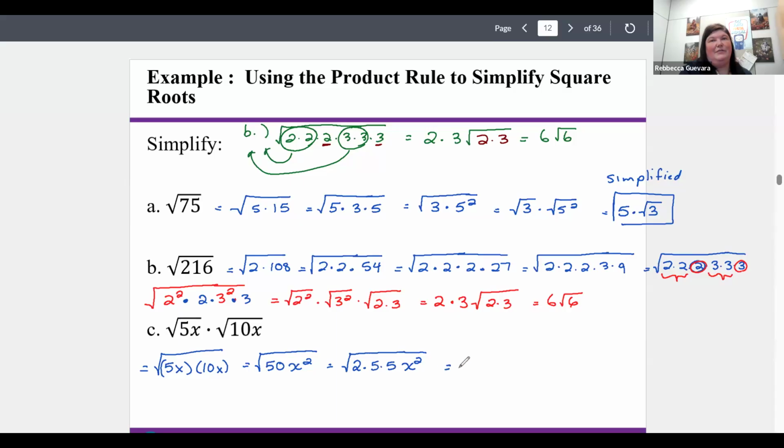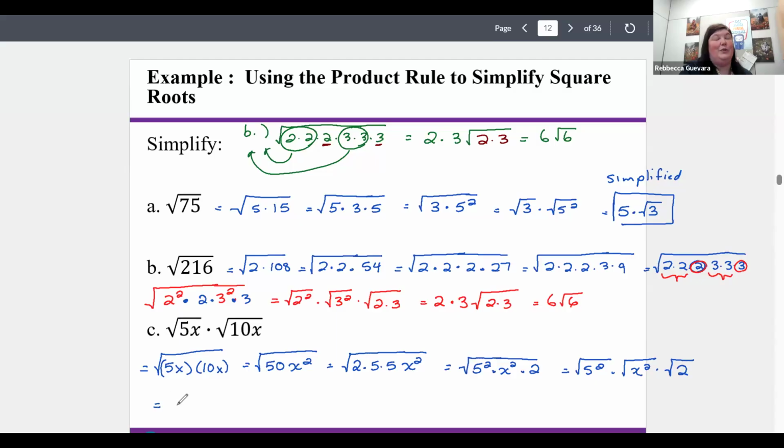Once again, because I have a pair of 5s, we really have a square root of 5 squared times x squared, and then we have that 2 left over. So what's going to happen is that square root of 5 squared, times the square root of x squared, times the square root of that 2.